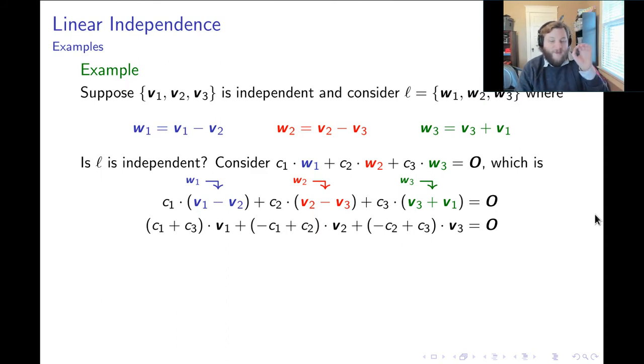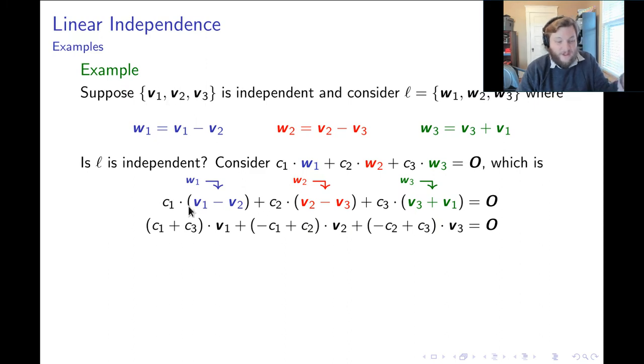But think about what we've done here. It might not seem like we've done a lot, but we've actually done something critical. We started with a list of vectors we're interested in, w1, w2, and w3. We set a generic linear combination of that list equal to 0. And by making our substitutions and distributing, we now realize that we're looking at a linear combination of the original list.